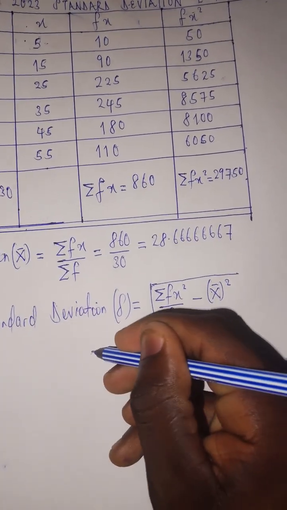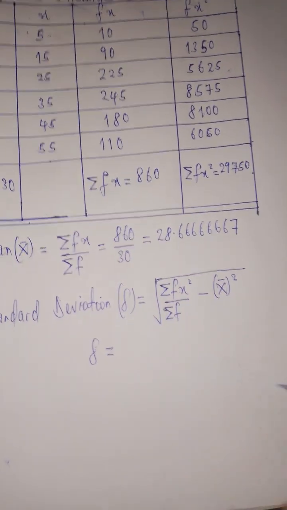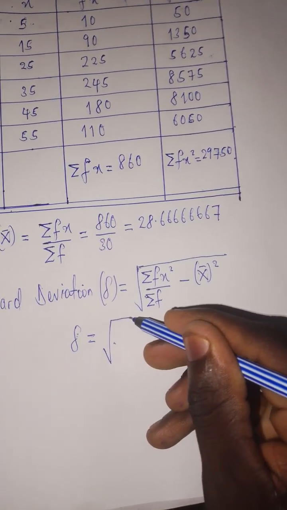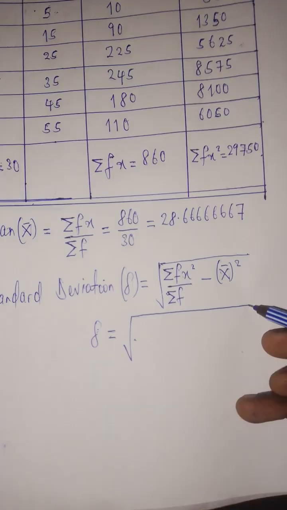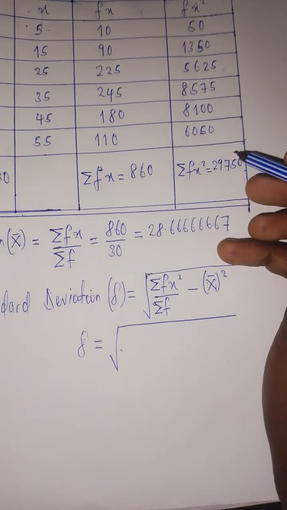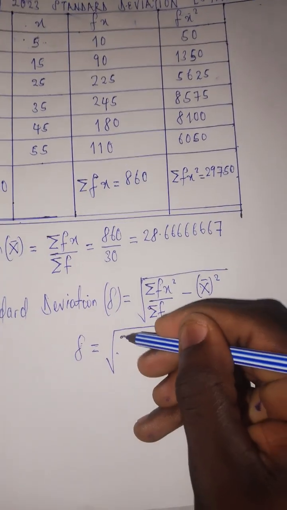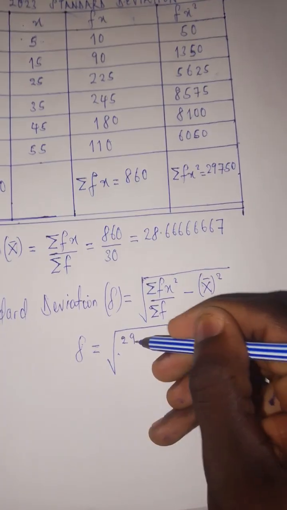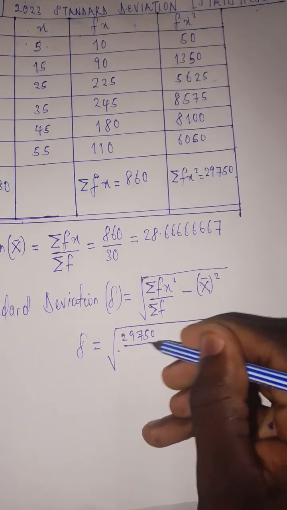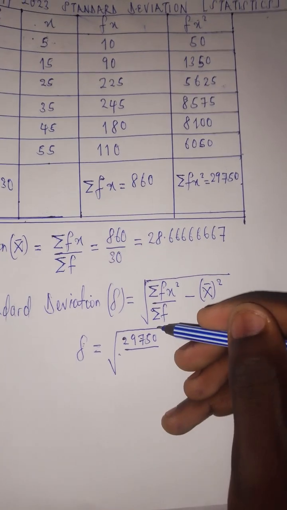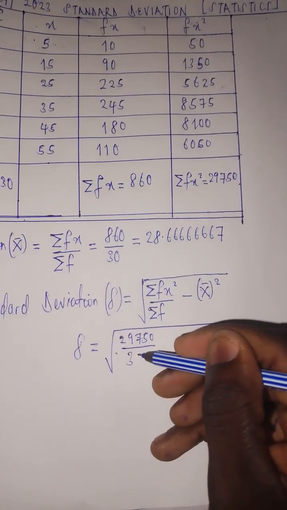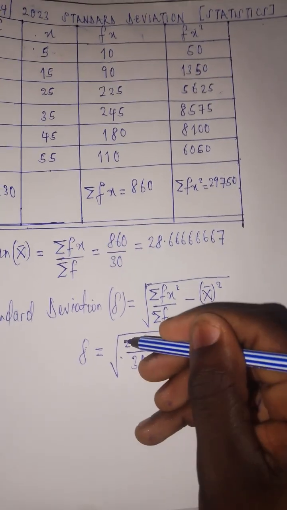So I'm going to say standard deviation is equal to the square root of the summation of frequency multiplied by the square midpoint, which we found to be 29,750. Then over summation of the frequency, that is 30. So over 30 here, just doing the substitution.